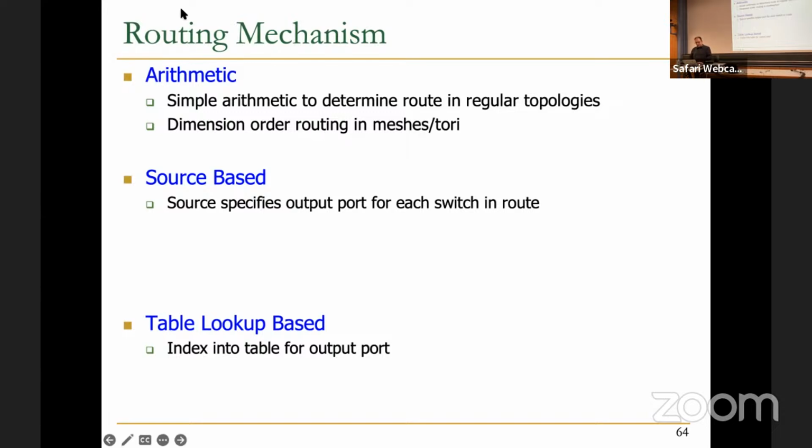Source-based is another terminology here, where the source specifies the output port for each switch in the route. So you do the routing once at the source router. You want to send a packet from this source to the destination. You don't do the routing algorithm distributed, at every hop.